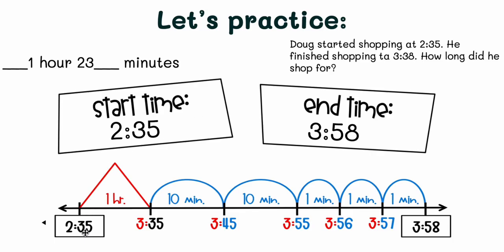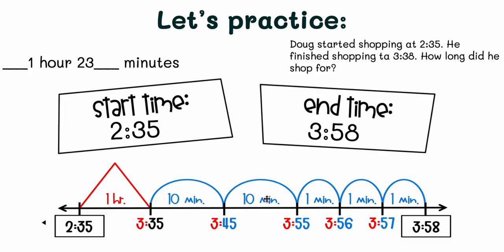So our start time was 2:35. So because our end time is 3:58, we were able to use an hour jump, and we landed at 3:35. We still have a bit to go since we have to end at 3:58. So we have a 10-minute jump and we land at 3:45. So we've done an hour and 10 minutes.